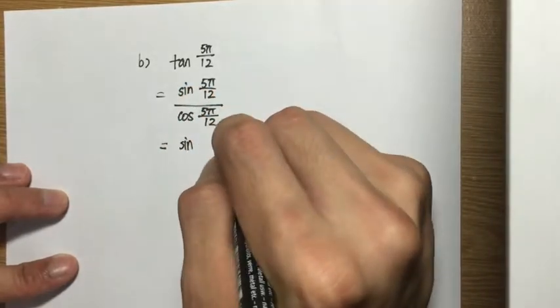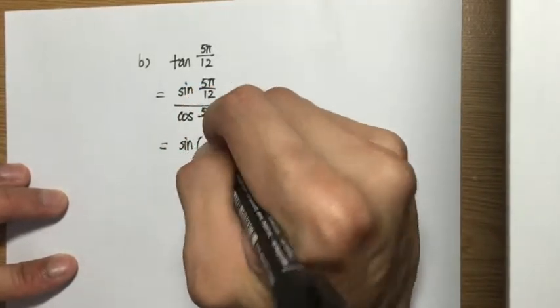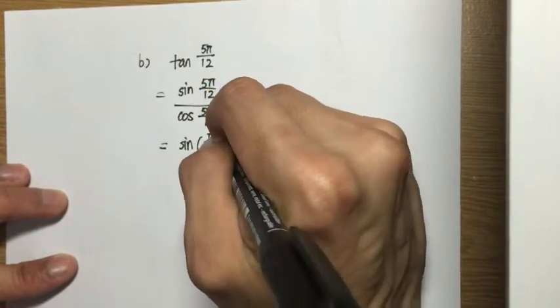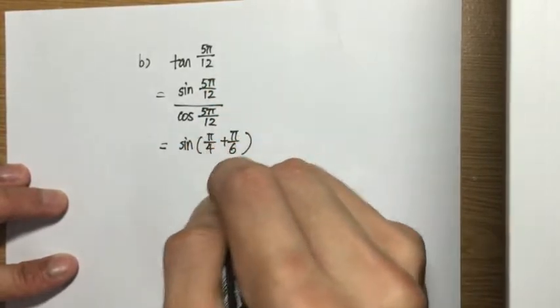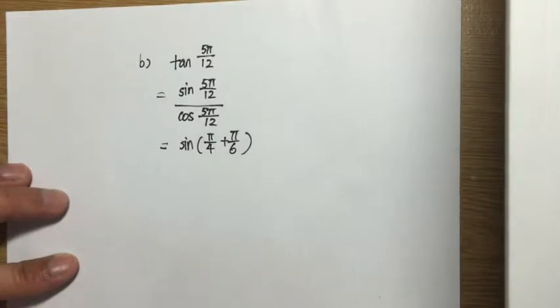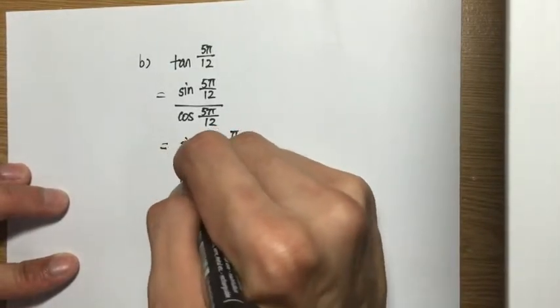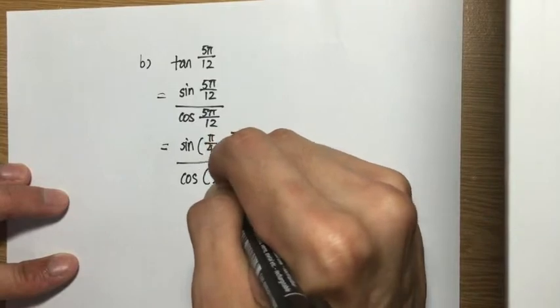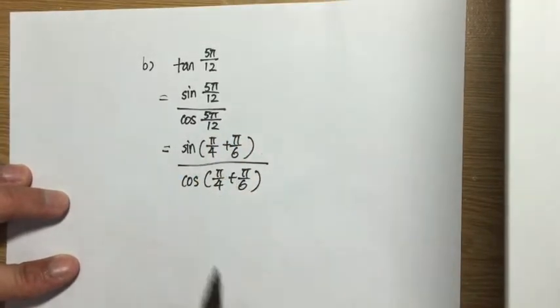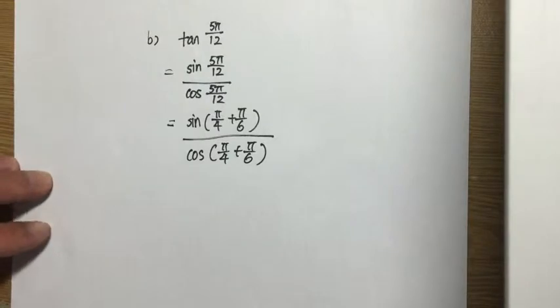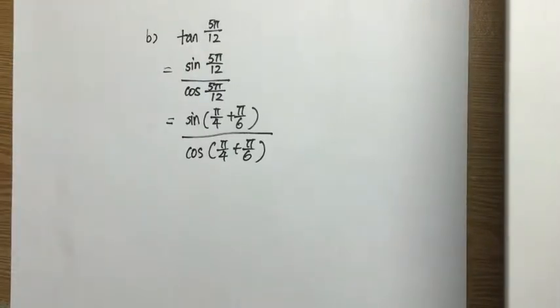We can do so by changing 5 pi over 12 into the sum of pi over 4 and pi over 6. The same thing goes for the denominator, which is cosine(pi over 4 plus pi over 6). From here, we can express both sine(pi over 4 plus pi over 6) over cos(pi over 4 plus pi over 6) into another expression using the concept of compound angle formulas.